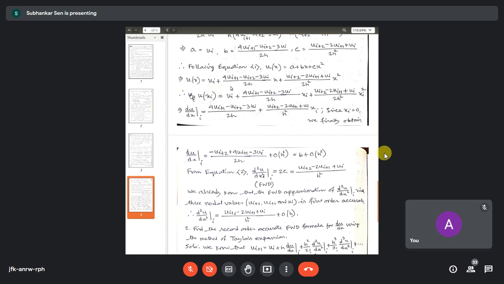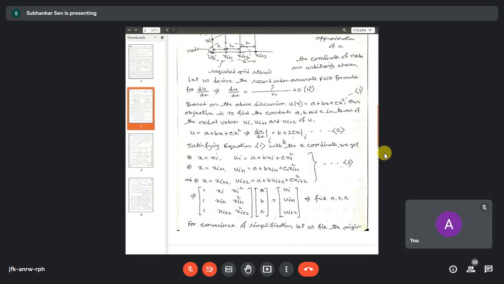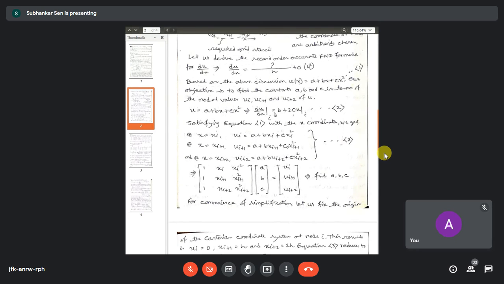Just one correction: from here it is not b, actually it is 2cx, but our x is 0, so du/dx will be b.